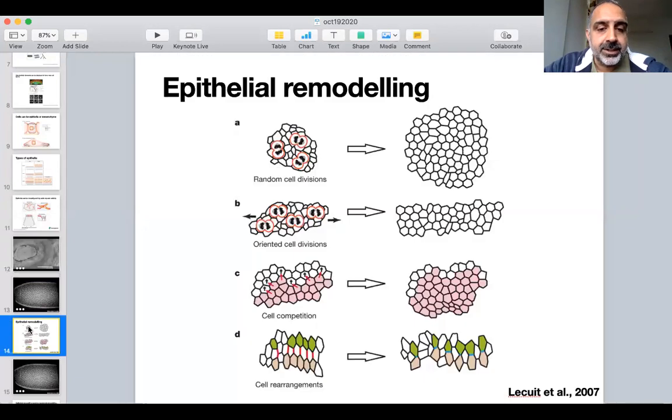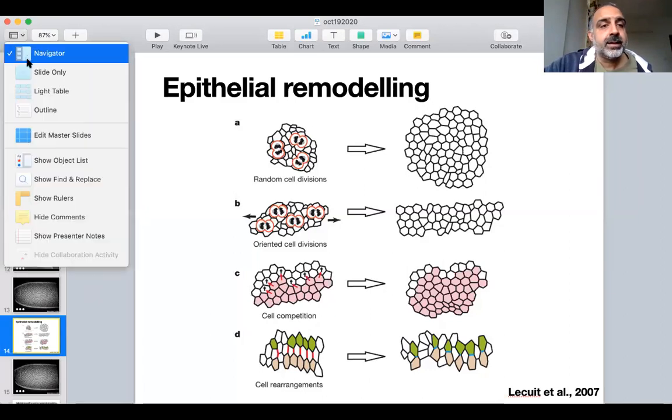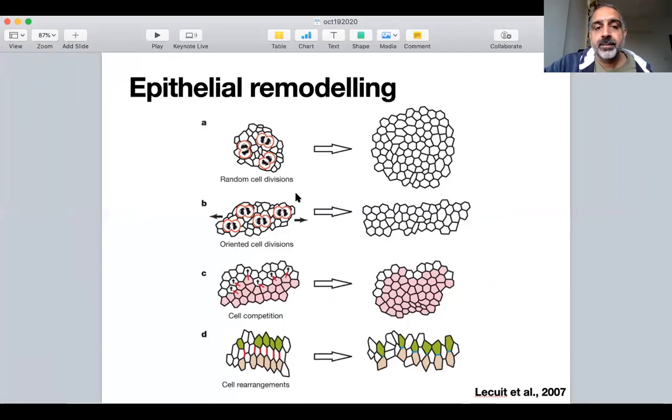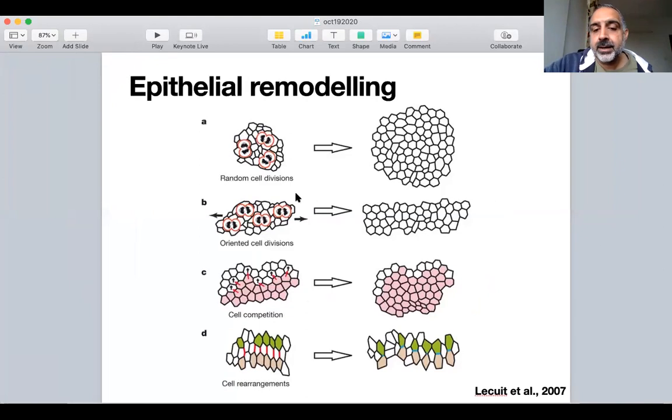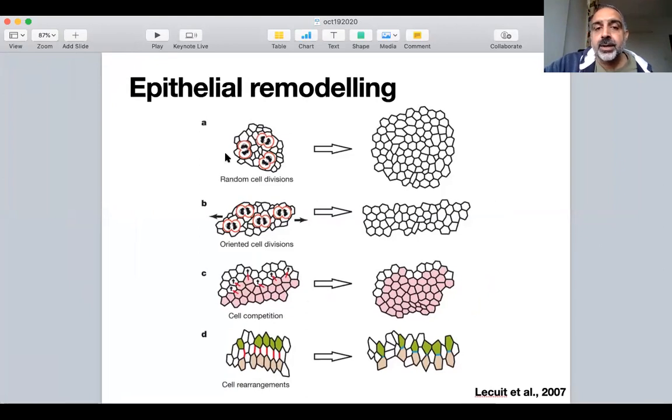But there is cell division, and what's happening is that the epithelia is remodeling, and the way it's remodeling is by reorganizing. What we were seeing were some random cell divisions here. So random cell divisions are adding more epithelia, and that epithelia needs to go somewhere, and that may cause the epithelium to get bigger.